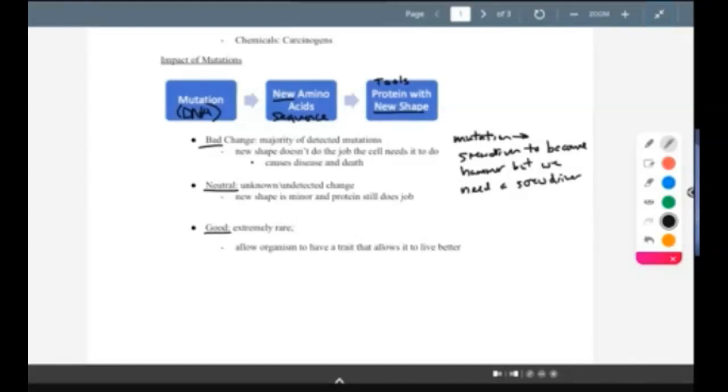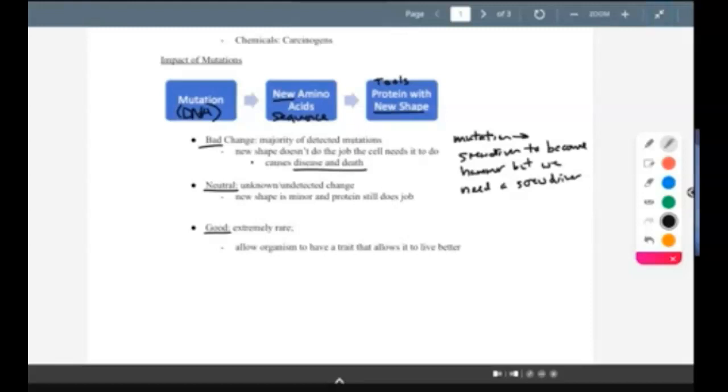So the new shape doesn't do the job the cell needs it to do, and so this causes disease and death. When we say it's a bad mutation, it's bad because it leads to that organism not living. So bad is contextualized by the organism, its ecosystem, all the other organisms that it's living around, its niche. All those things can affect whether this is good, bad, or neutral.